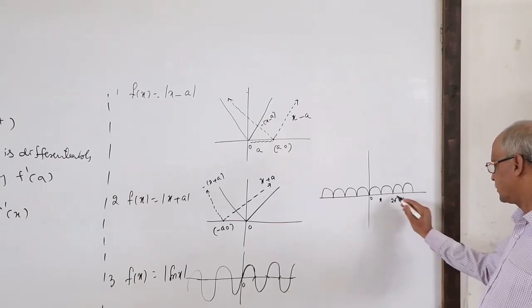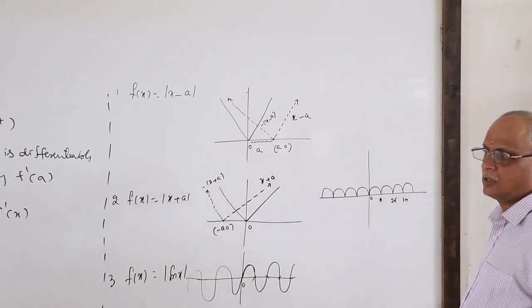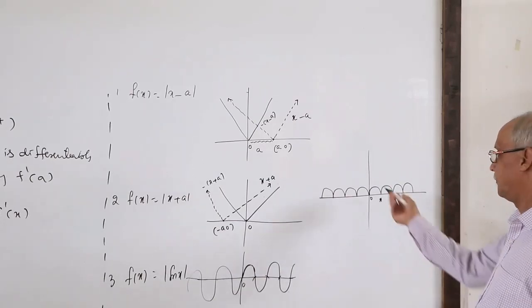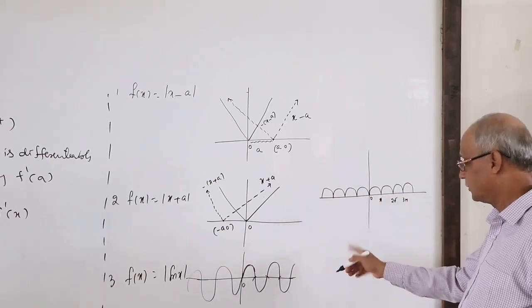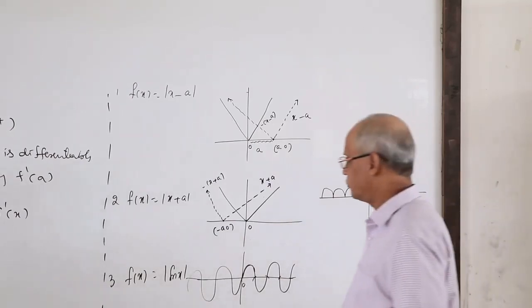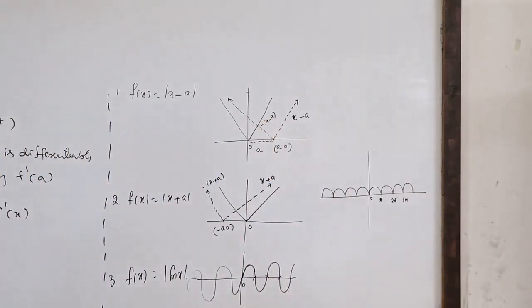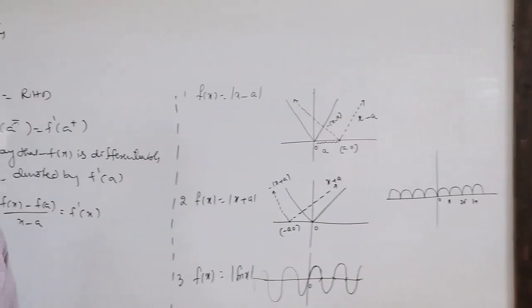You notice here a sharp edge is there. That is why mod sin x is not differentiable at x equal to n pi. Already it is clear. Sharp edge, cut and go. Not smooth, cut and go. That is called sharp, a knife edge. You bring one knife, you cut the curve with the blade, then it is called a sharp edge.